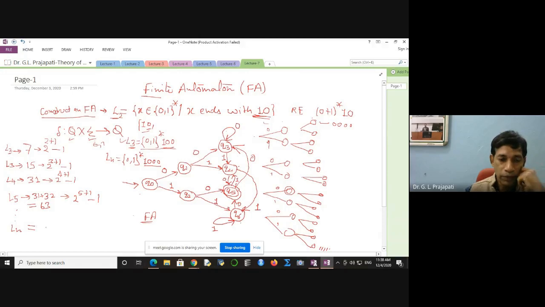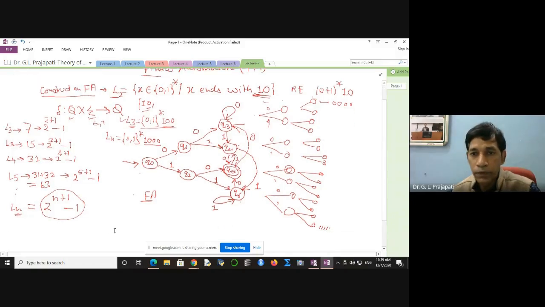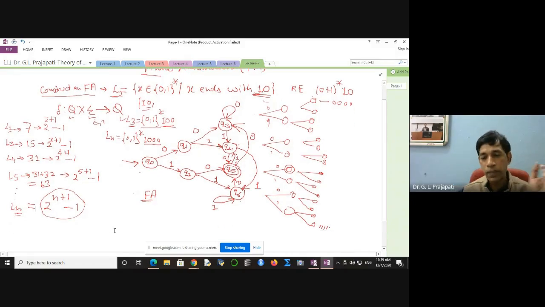So for remembering the last n symbols, you have 2 raised to power n plus 1, then minus 1. This many states you need in general for remembering the last n symbols of this language if you are going to construct the FA for such a language.